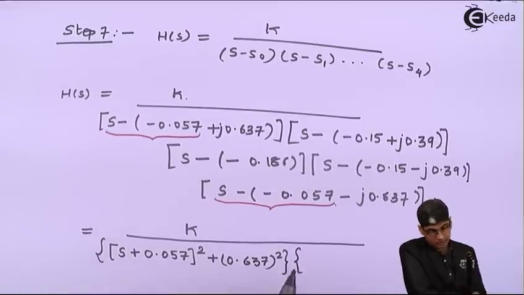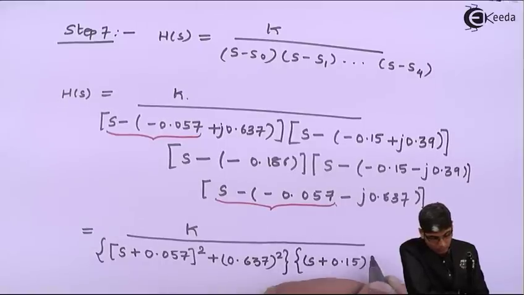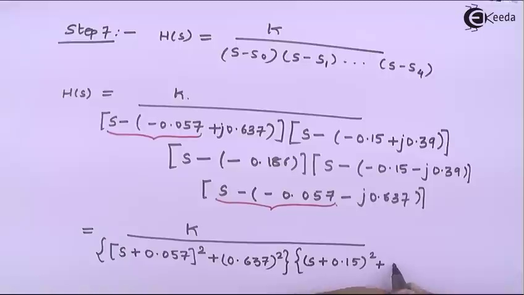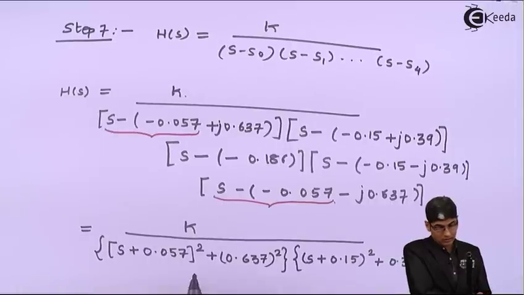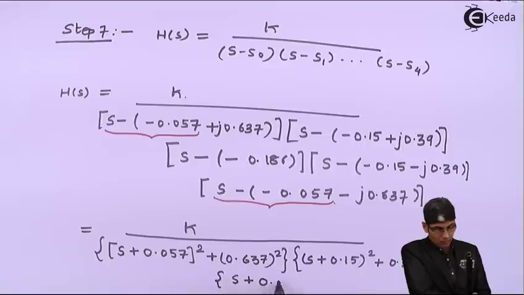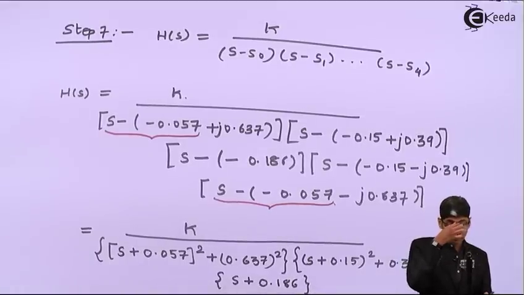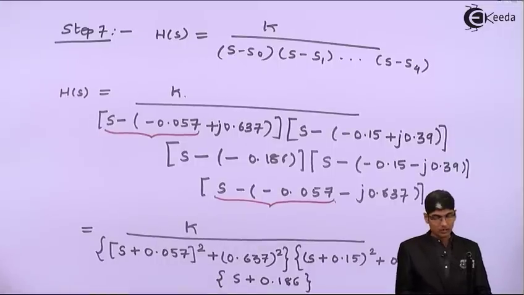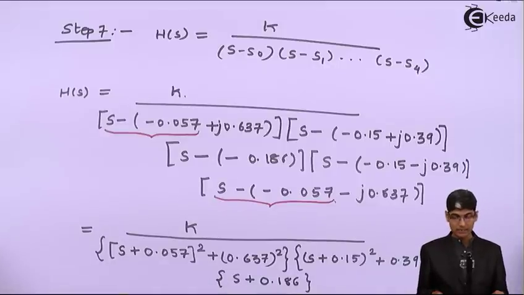The second term is S plus 0.15 the whole square plus 0.39 square. This is the second term. Lastly, the third term is S plus 0.186. This is the third and the last term. Now let us open up the brackets, multiply and get the transfer function.